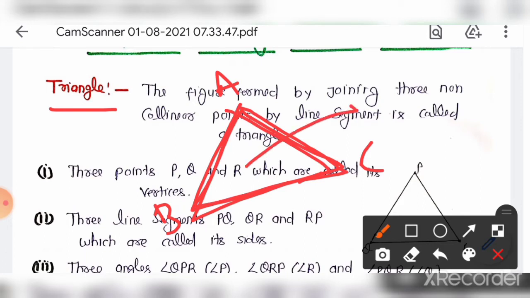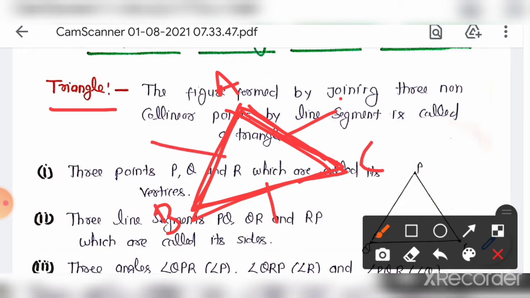The figure formed by joining three non-collinear points by line segments. Collinear points means that if points lie on the same line, they are called collinear points. But if the points do not lie on the same line, they are called non-collinear points. Here there are three line segments: AC is a line segment, BC is a line segment, and AB is also a line segment.